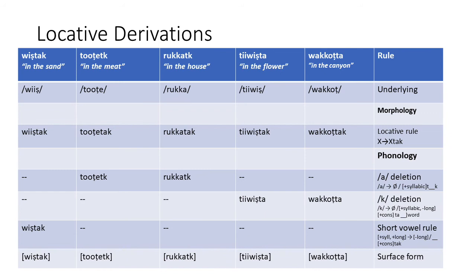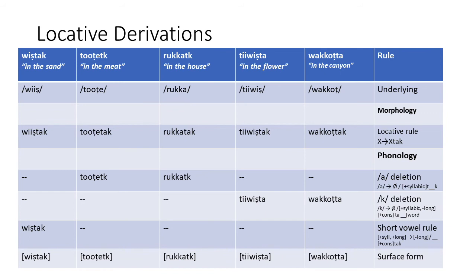Now, next, if we go into A deletion in phonology, it says A is deleted if there is a vowel before tak. Now, the thing is, there is no vowel before tak. You just see sh. It's wiish tak. So this rule does not even apply. Now let's look at the K deletion rule.